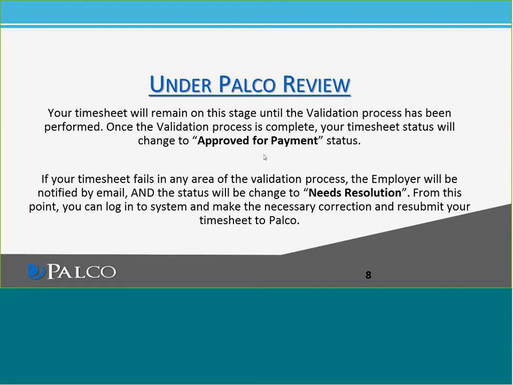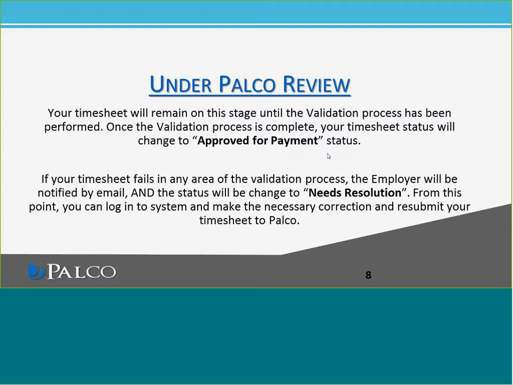The validation process is basically checking that the services are correct, time in and time out are correct, that there's no overlapping hours, that if there's overtime, and all the rules that your program requires. After everything happens, your timesheet status will be changed to approved for payment. When you log into the system and you see this status on your timesheet, approved for payment, then be happy. That means your timesheet will be paid soon.